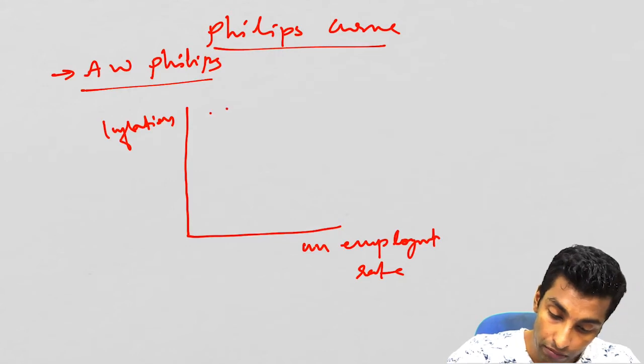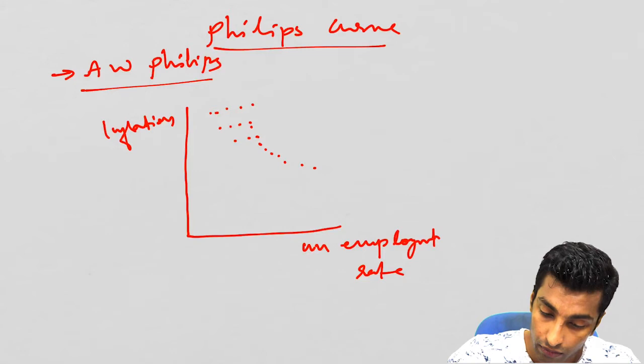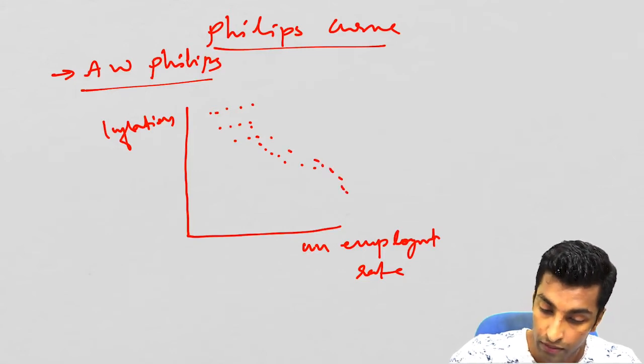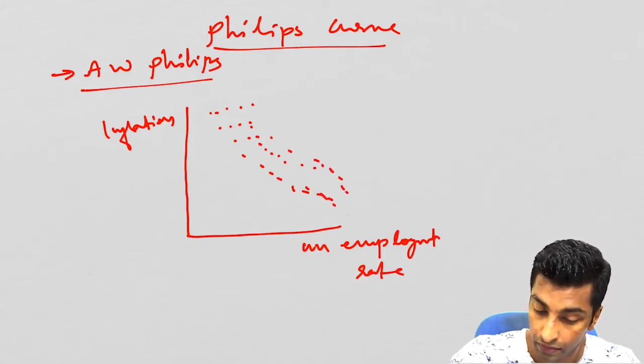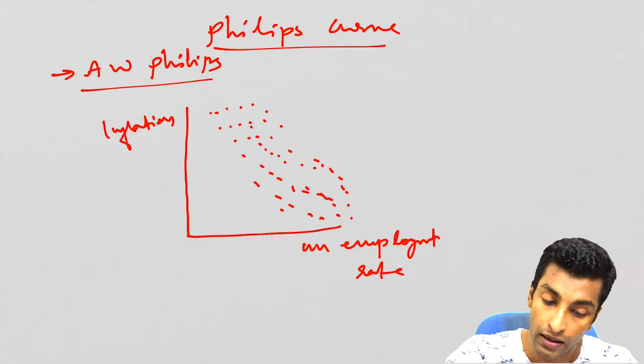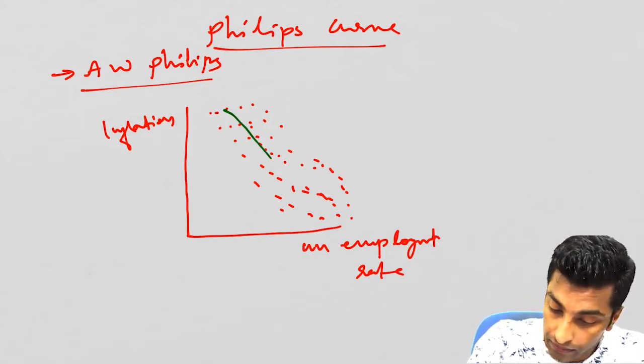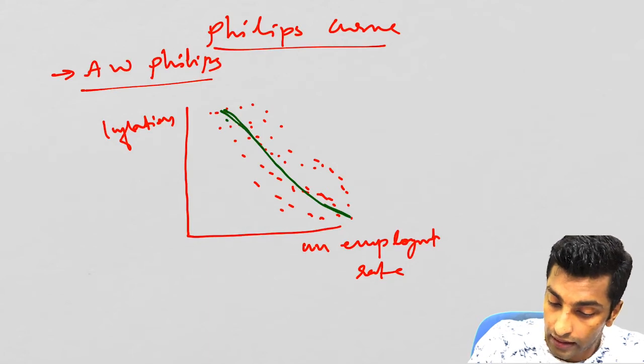Okay, so he plotted like this, and finally he made a curve like this. It goes like this.